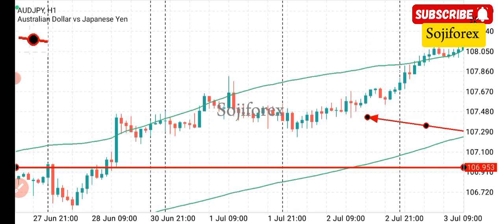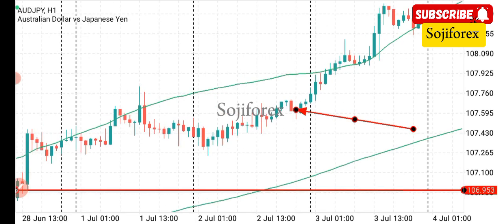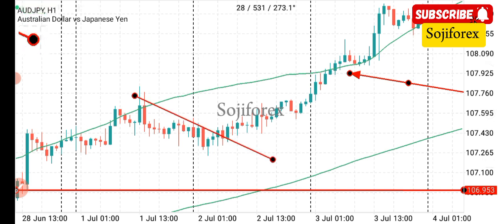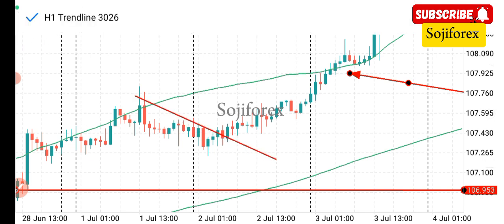So I can keep using this to make my entry continuously as far as the movement of the price is concerned. Okay, so anytime price pulls back, the move that will take price back above that pullback is always your controlling candle. So here price pulled back, I'll put my trend line, right?